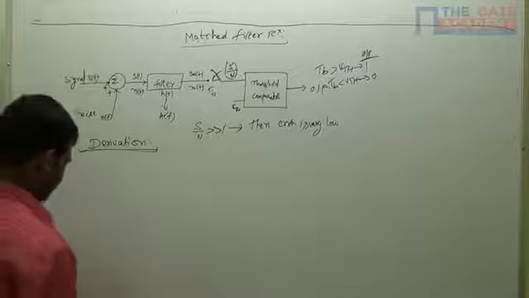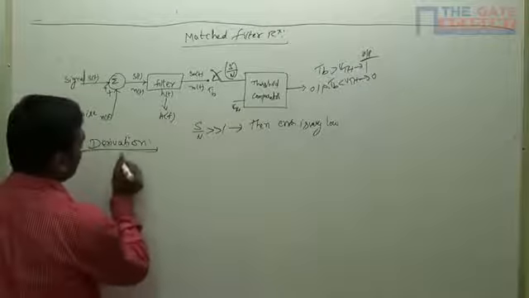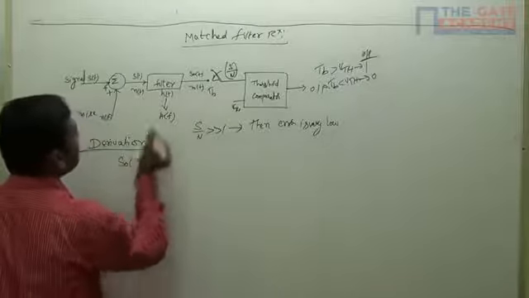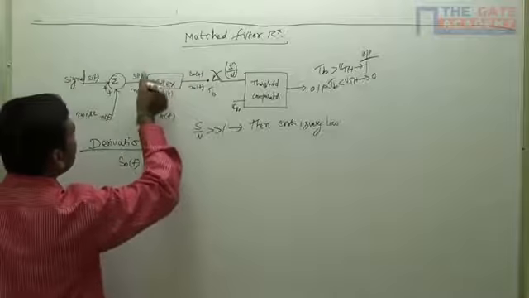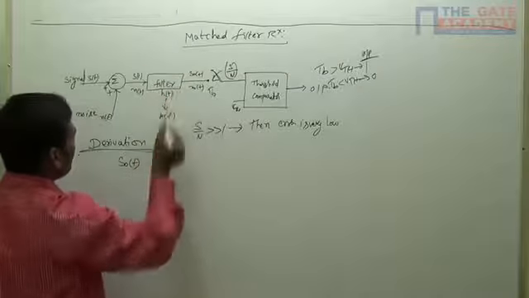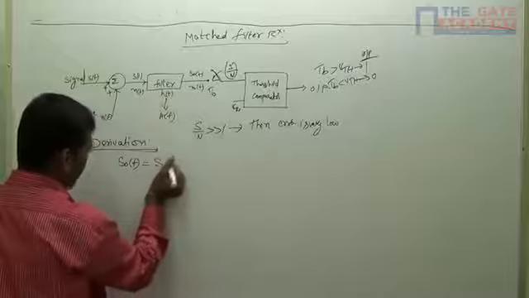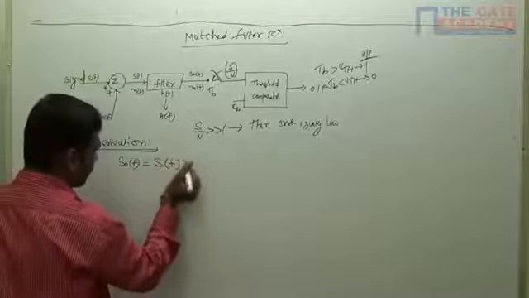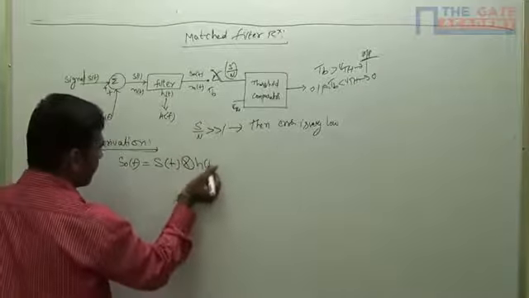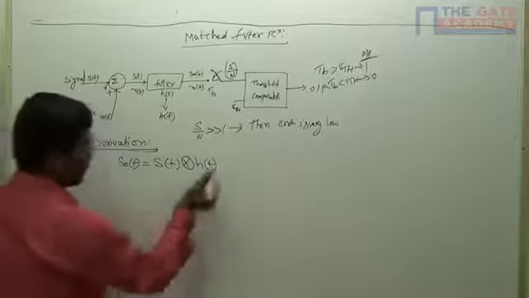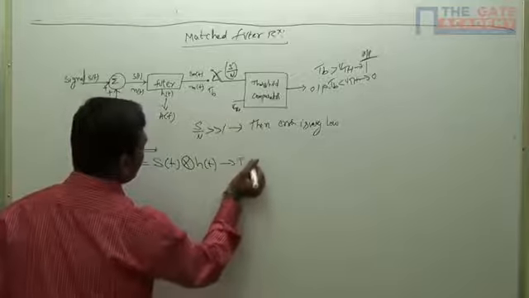So S naught of t, the filter output, is equal to S of t convolved with H of t. This is in the time domain.